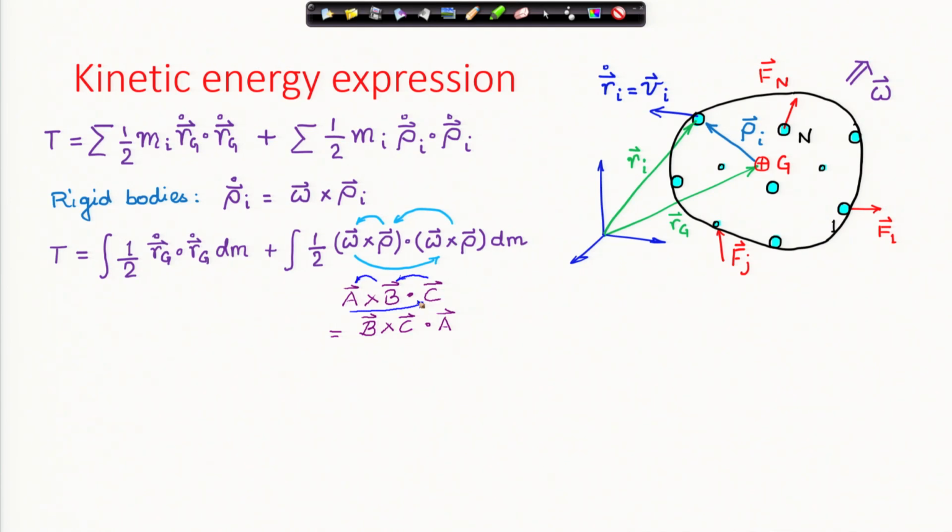This is cyclic permutation. That is what I use. Here the C vector is this whole thing.